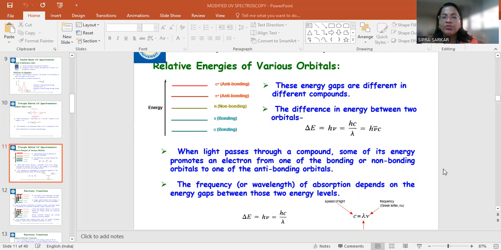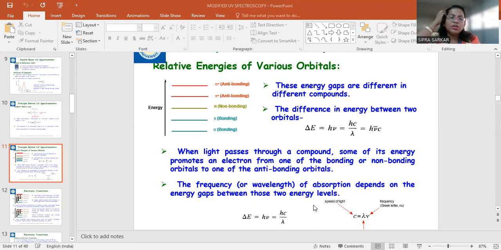As a result, they cross the orbitals from a lower energy to a higher energy state. The frequency or wavelength of the absorption depends on the energy gap between these two energy levels.